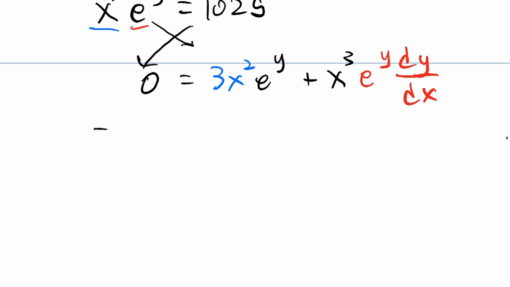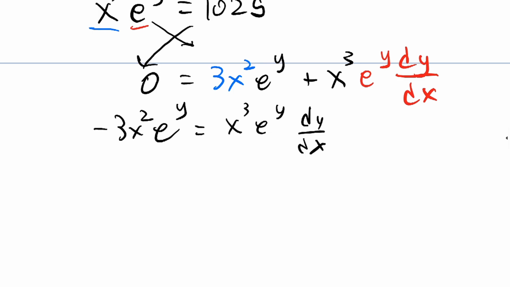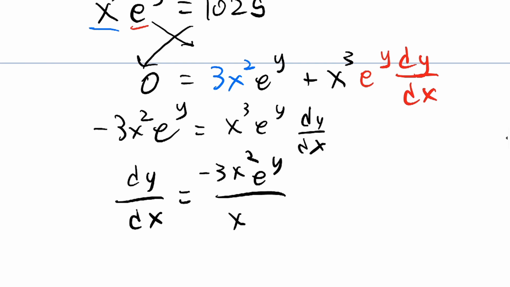We now have negative 3x squared e to the y is x cubed e to the y dy/dx. And from here, dy/dx is just going to be negative 3x squared e to the y over x cubed e to the y. Simplify this further, this will just be negative 3 over x. And there's our solution.